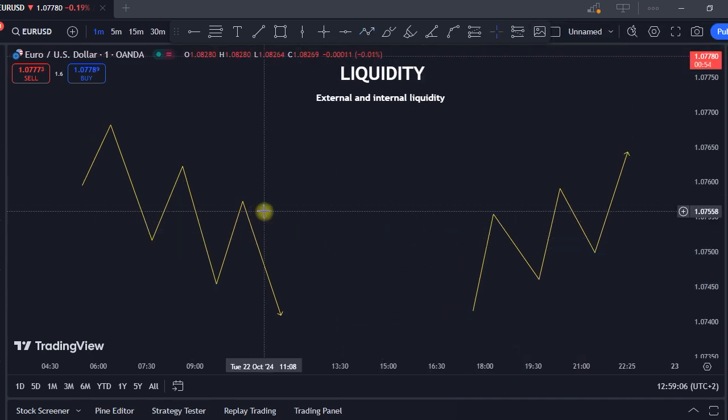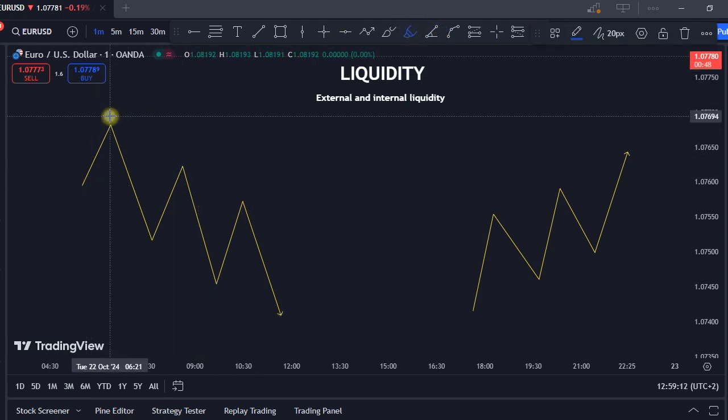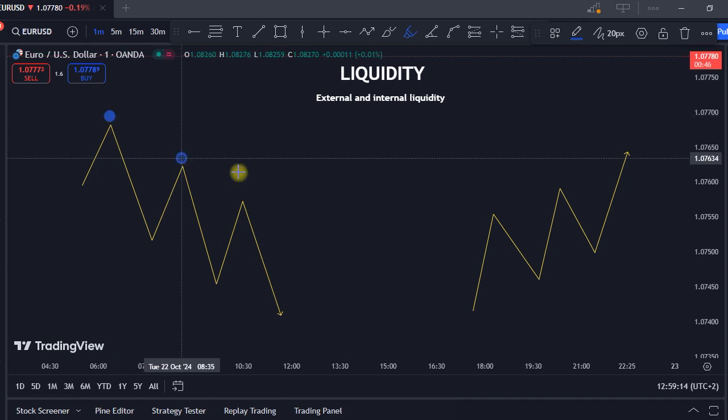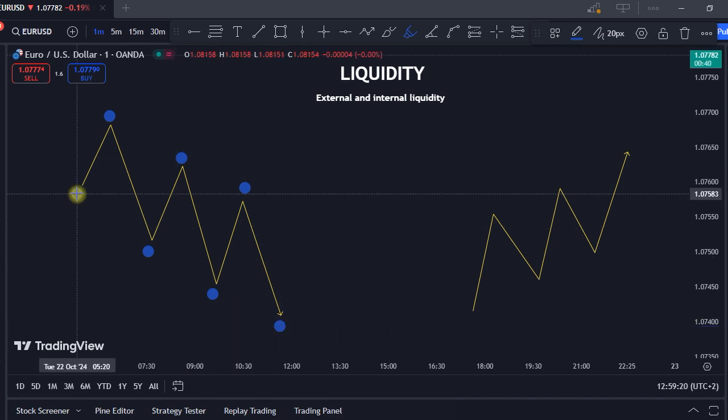We know that this is a downward trend because we are having lower highs and lower lows, and we know that this is an upward trend because we're having higher highs and higher lows.